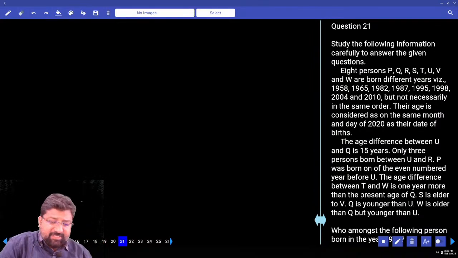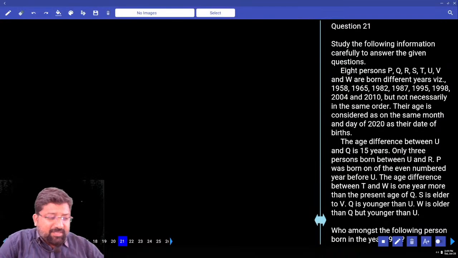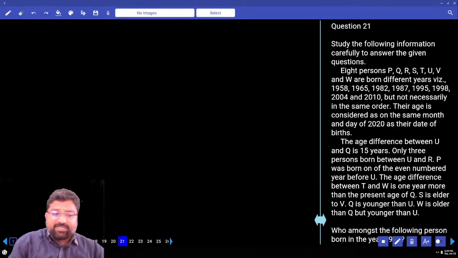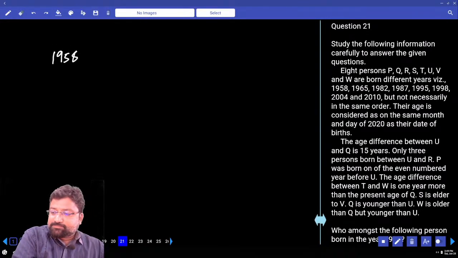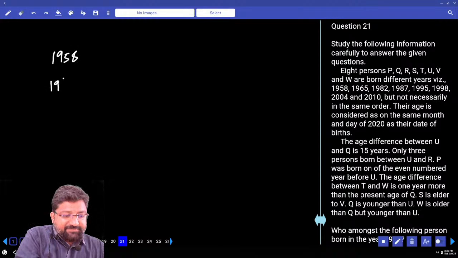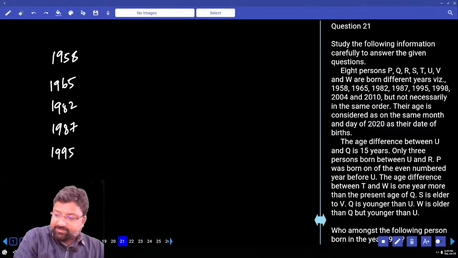Now, when you come across this type of questions, I'll suggest you a technique for solving this question. First, let me write down the years in which they were born. 1958, 1965, 1982, 1987, 1995, 1998, 2004, 2010.